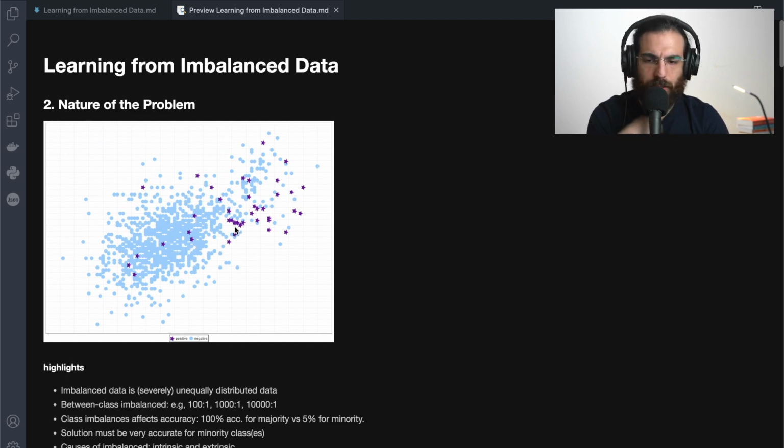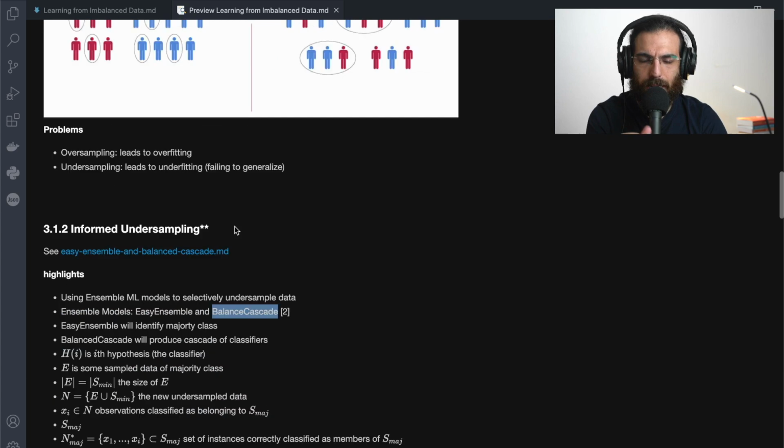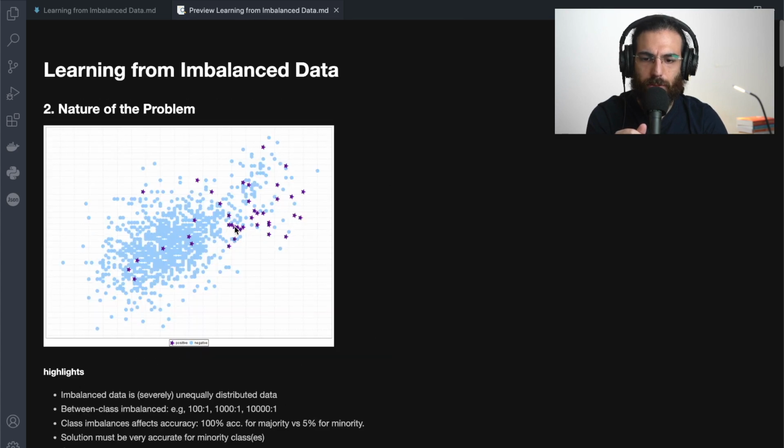What balanced cascade will do is it will repeatedly take, let's say, subsets of the majority class. So for example, it will take this part, including the minority classes, and then again this part with the minority classes, and then again this part with the minority classes.